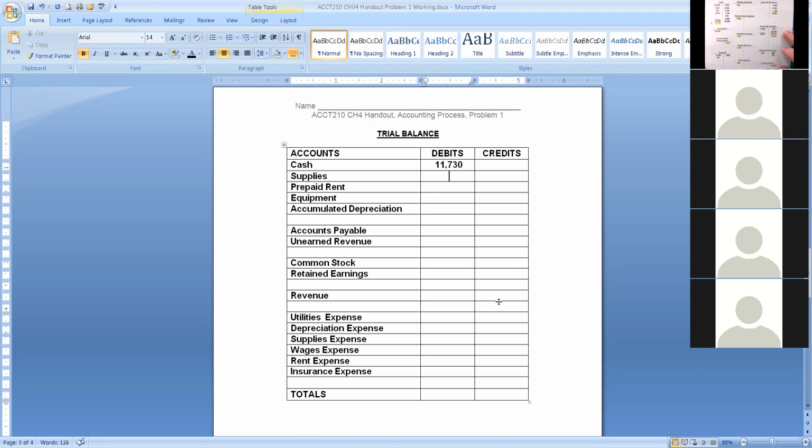Supplies are next, and that's 540. At the bottom here we have prepaid rent, which is 693.